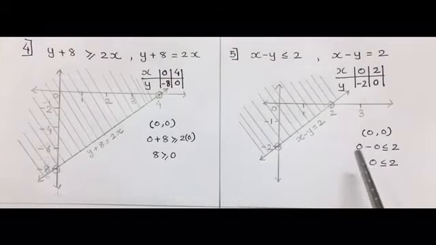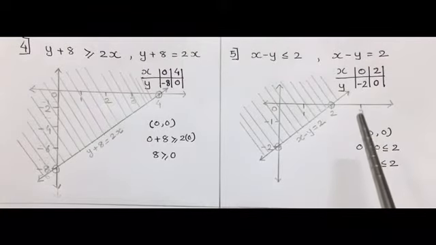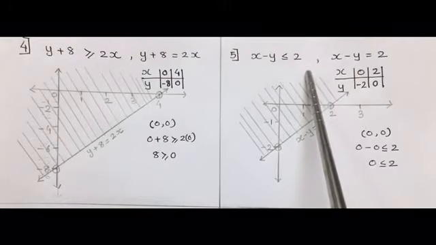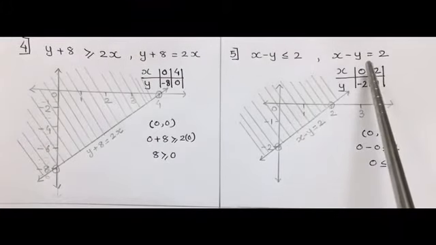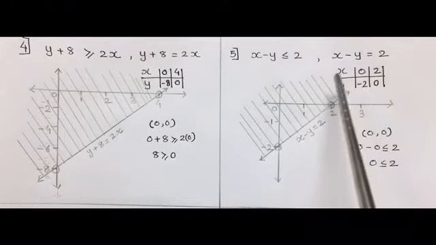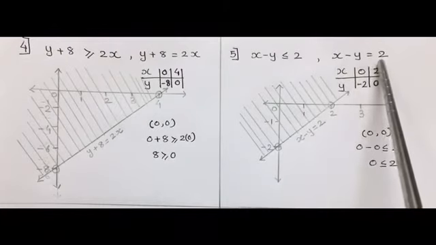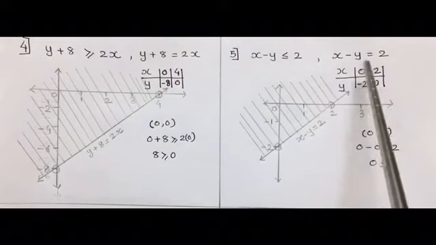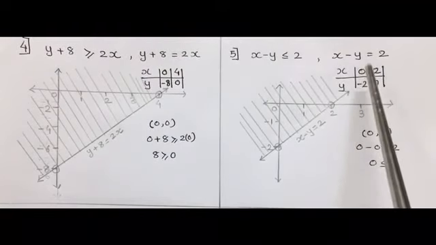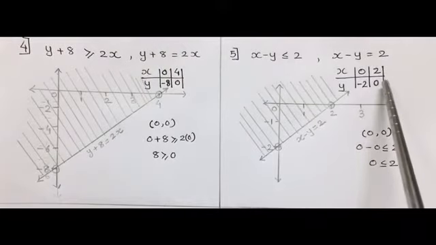Now the fifth one, the inequality given here is x minus y less than or equal to 2. To plot the points, we will equate it to 2. So x minus y equal to 2. If x is 0, y is minus 2.